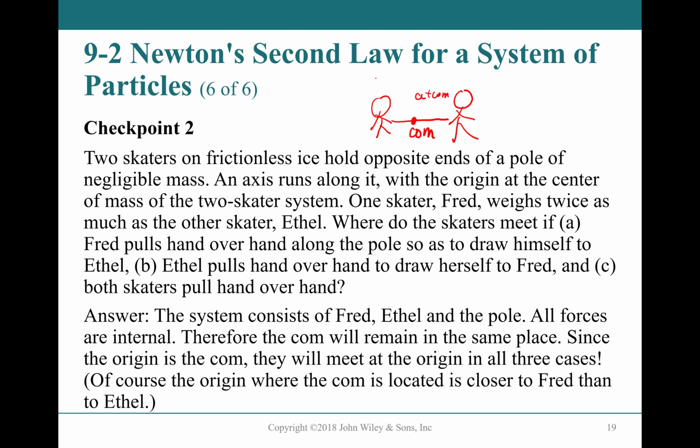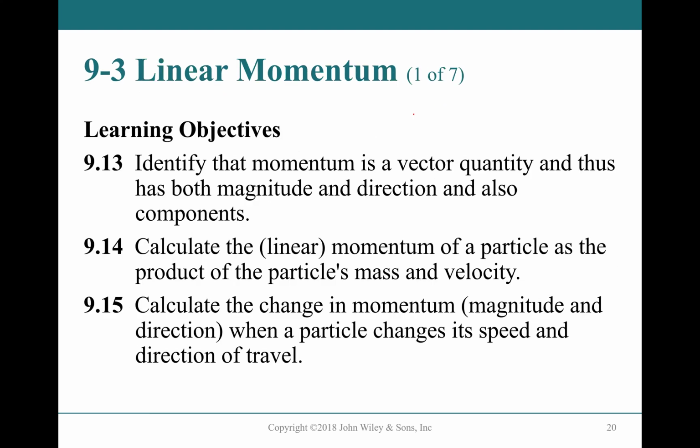Because if this is Fred, and this is Ethan, and Fred is twice as heavy, then our COM should be more towards Fred. But no external forces. If they have to meet, it's not in the middle, they are going to meet at COM.